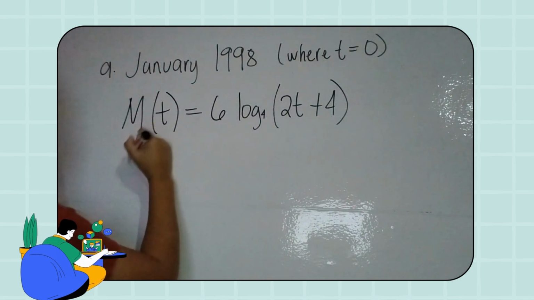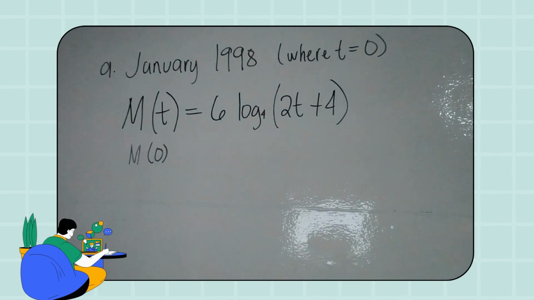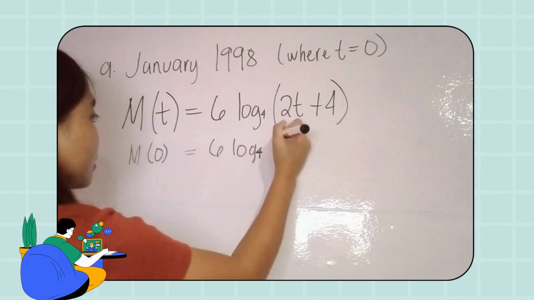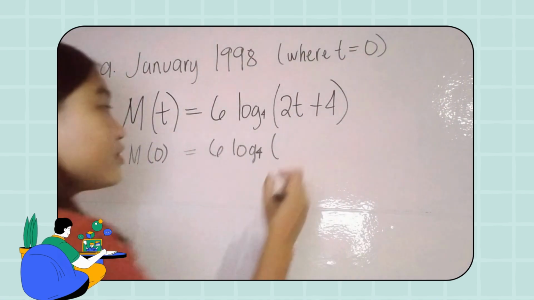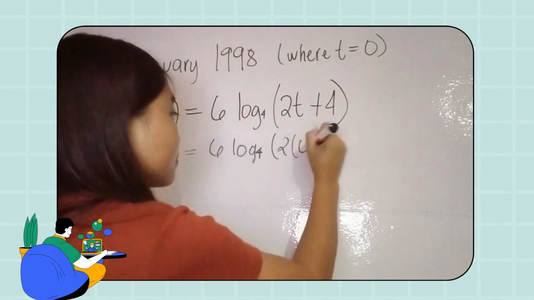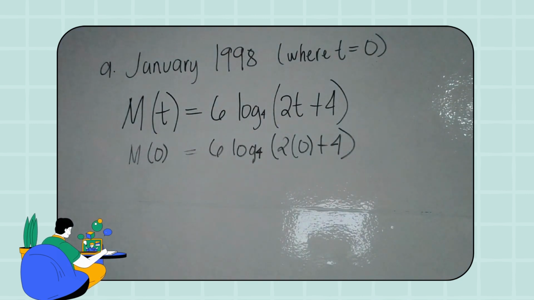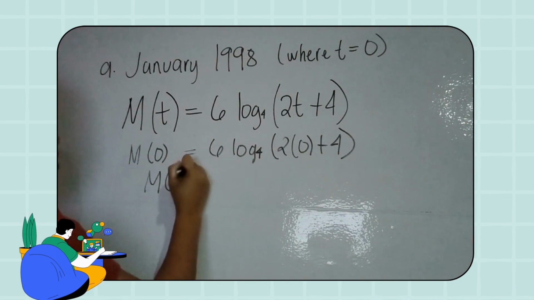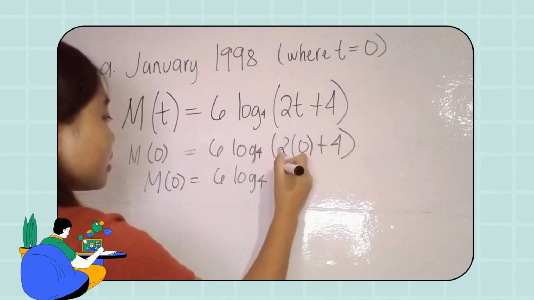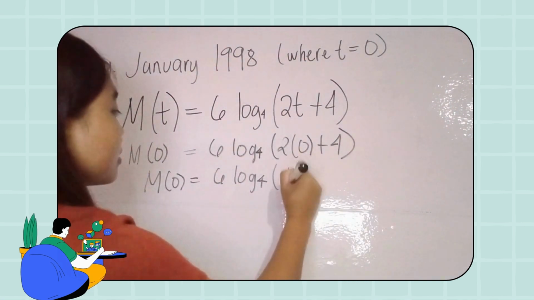So we have m of 0 is equal to 6 times the logarithm base 4 of the quantity 2t, in which t will be replaced with 0, plus 4. So we're going to simplify it. We have m of 0 equals 6 times the logarithm base 4 of 2 times 0, which is 0, plus 4, which is equal to 4.